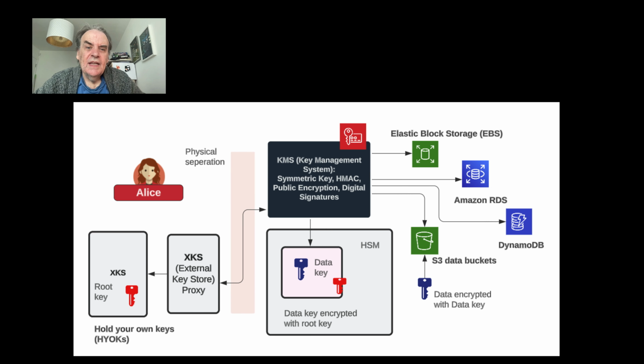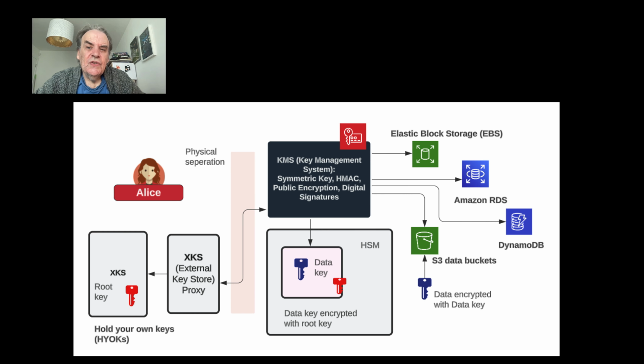When creating a key, you can either create it in KMS, import it, that's bring your own key, create it within the AWS CloudHSM, or create it in an external key store, that's hold your own key. For keys stored on-premises, we can use an external key store, XKS.